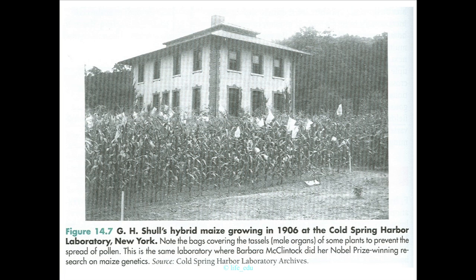And this is a picture of George Shull's laboratory in 1906 at Cold Spring Harbor. This same laboratory produced another famous maize geneticist named Barbara McClintock, who in the 1920s, looking at maize genetics, discovered that DNA was not simply like a bunch of beads on a string and static, but actually segments of DNA were capable of jumping and moving around and reinserting, what we call today transposable elements.